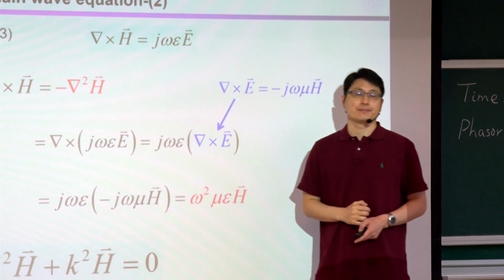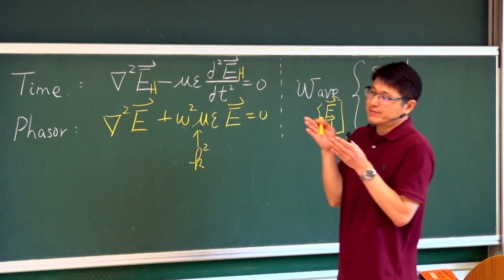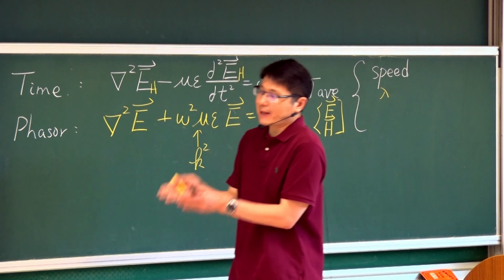So that is giving us the information of wavelength. Okay, so this lambda is the effective wavelength in this given material. So we know lambda. And at the same time, E and H have the same K. So basically, both E field and H field have the same spatial periodicity. That's called the wavelength. And also in the same direction.